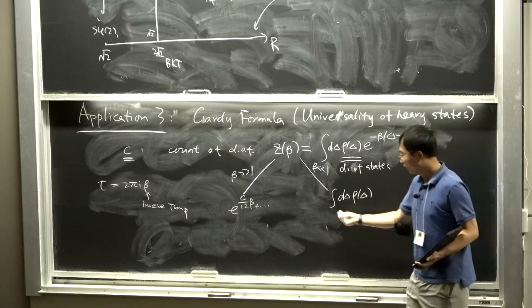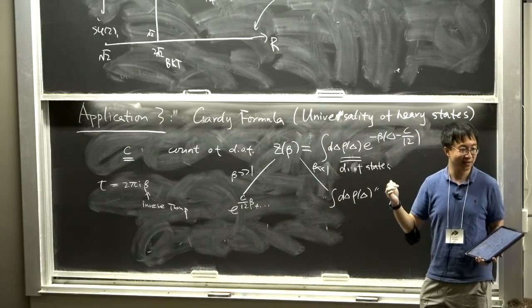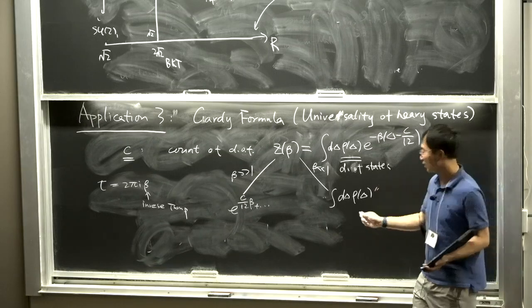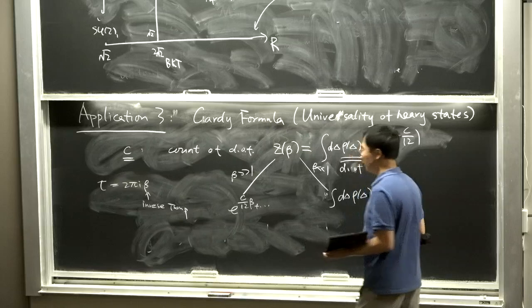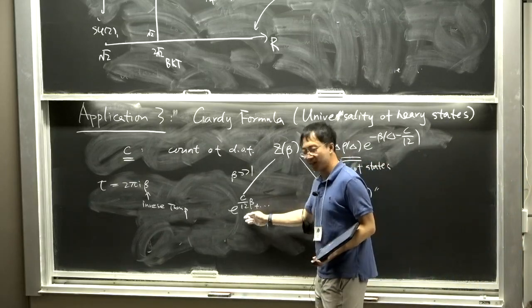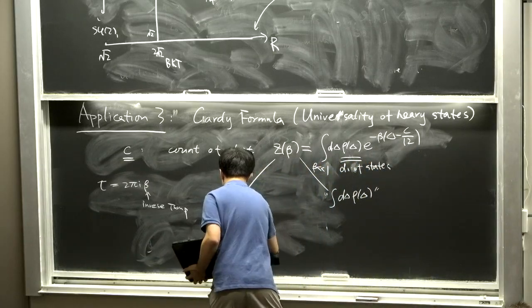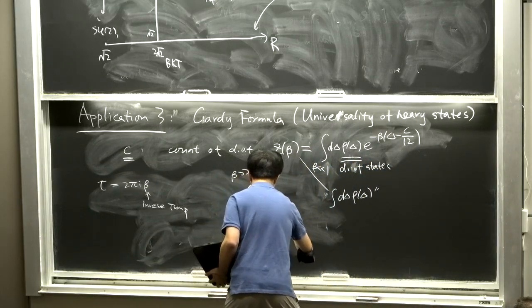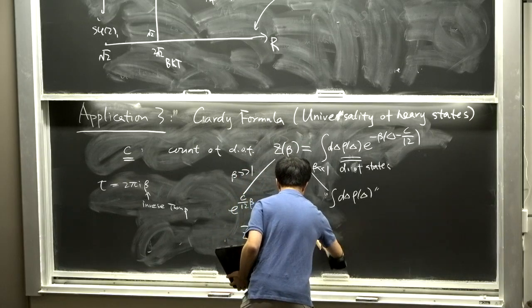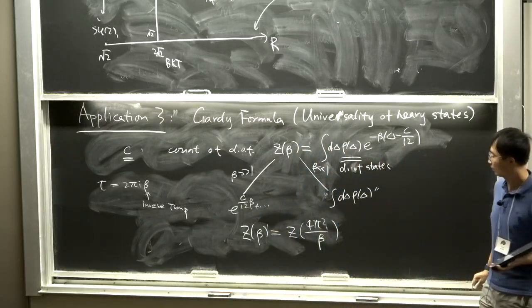So if you forget about rigor, this is literally the number of states in the Hilbert space, by definition. Of course, it's infinite, so that's why I put the quotation marks. But the way it becomes infinite is correlated with the right-hand side because of the modular invariance. By modular invariance, we know Z of beta is equal to Z where beta is sent to 4 pi squared over beta, just from tau to minus 1 over tau.